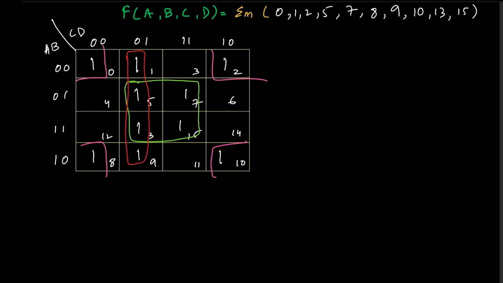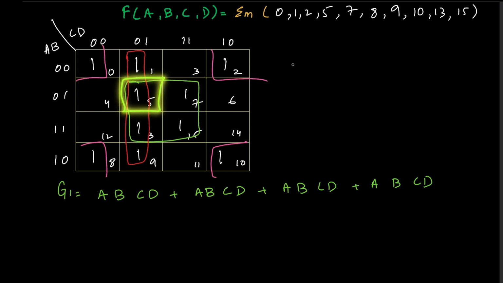Firstly, we have to solve the green part, this one. As there are 4 cells in this group, we will have to write ABCD 4 times. Now after writing ABCD 4 times, we have to look for the bar. We have to look for zeros.